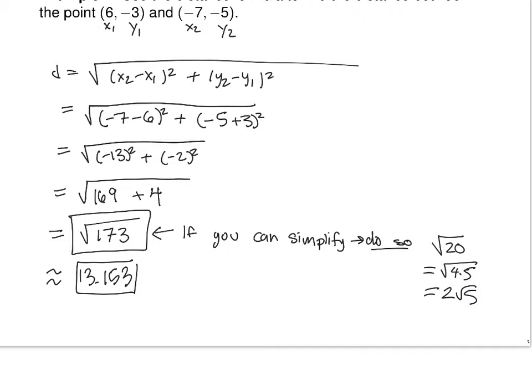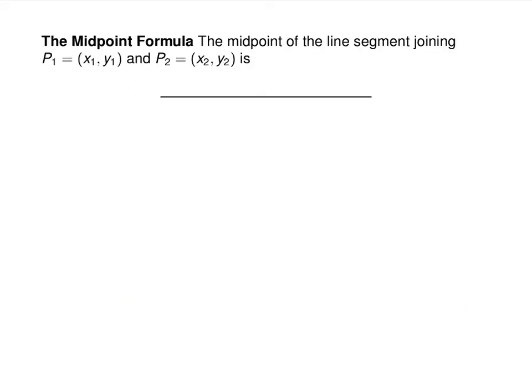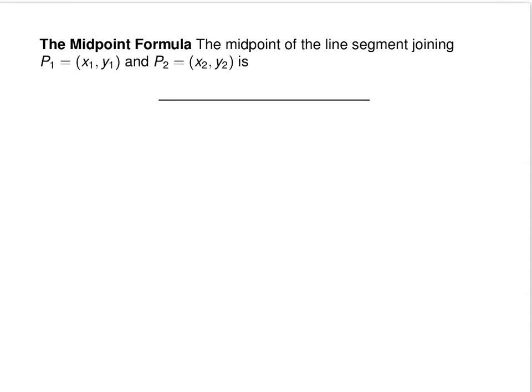So that's one formula for distance. Now, a midpoint on a line segment is the point that would be exactly halfway between these 2 points, right? So for the midpoint formula, you find the midpoint by averaging the x's and averaging the y's. And that's called the midpoint.